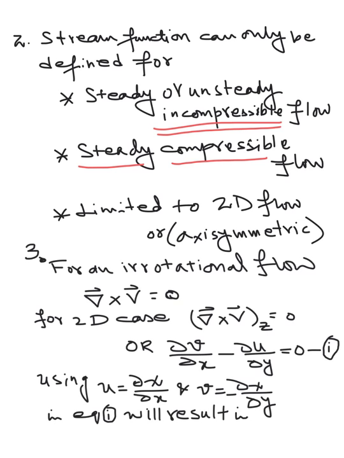The third point I would like to describe is for an irrotational flow field, and the condition for irrotational flow is that the vorticity should be 0. For a 2D case I have written down this equation, which is subsequently written in this form. In this equation I will substitute the values of the u and v components in terms of a stream function and check the equation.